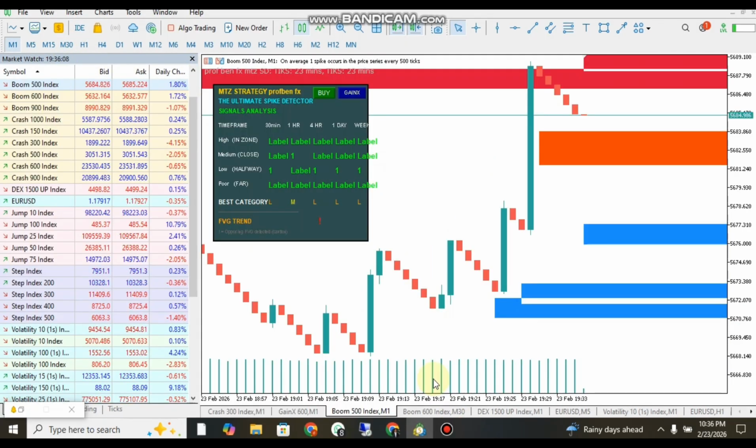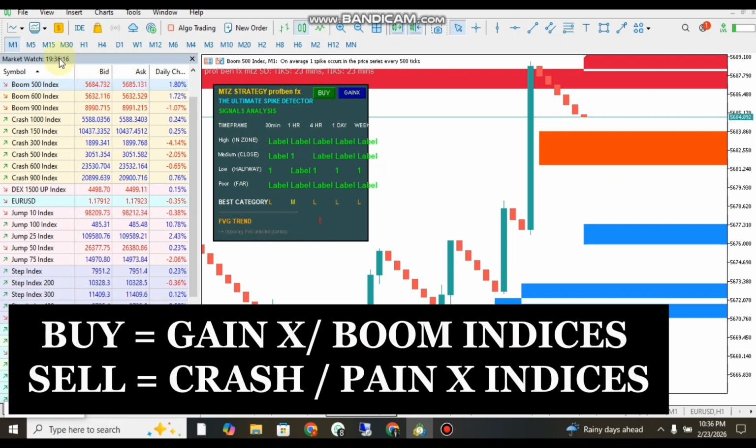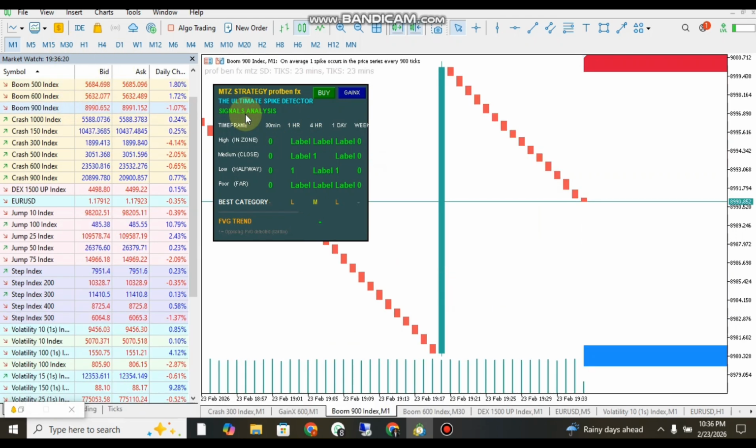Buy is for boom and gain indices. Let me just repeat once more. Gain and boom, on the very top it should be buy and then gain. And for all boom, to show the probability, it should be buy, boom, and gain.